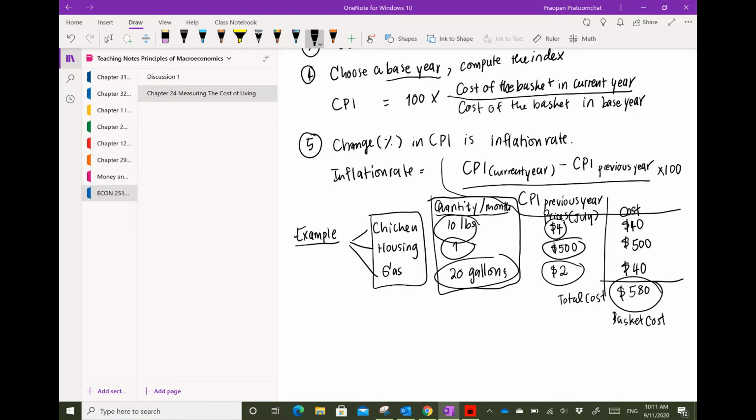If they want it in years, instead of July, you can do the average price of the whole year. Let's say 2020, right? 2020 times 12, that is the whole year. 580 times 12, let me see.